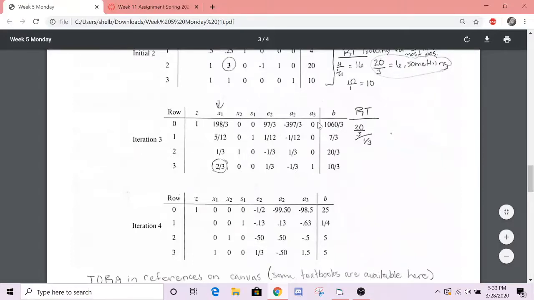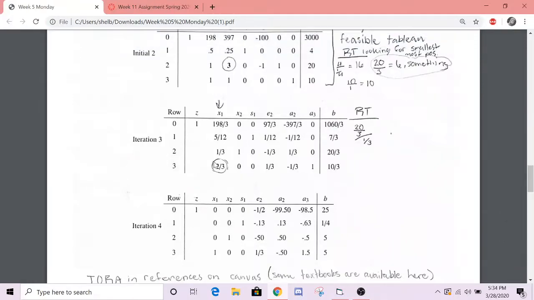So now again, we look for the largest most positive, which is 198 over 3. And then we want to do the ratio test, which turns out that 10 over 3 divided by 2 over 3 is the smallest most positive.